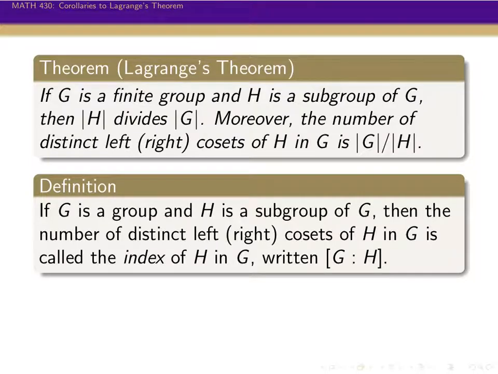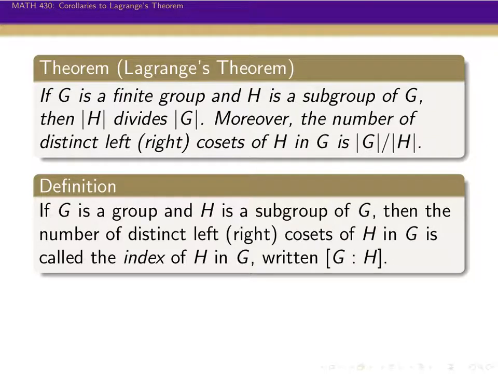And if you recall, this all comes from the fact that when we break G into cosets of H, these cosets are really an equivalence relation on the elements of G. And so these different cosets form a partition of G, and they're all the same size.